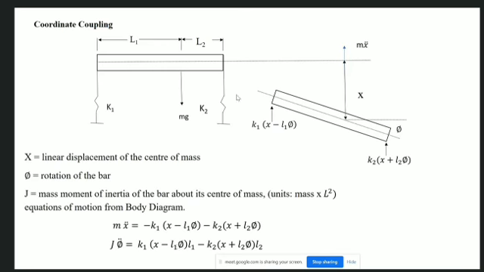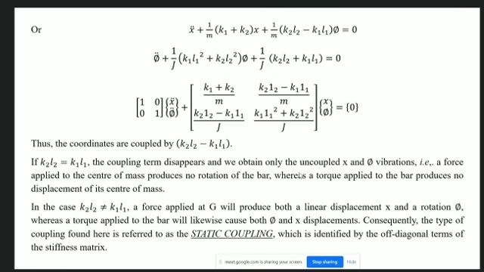Then we have to think how we can try to solve it. If we rearrange it, if we want x double dot to have coefficient 1, we have to divide by m on both sides. Similarly, for the second equation, if we want phi double dot to have coefficient one, the second equation comes like this. That means our objective is to have a mass matrix as a unit matrix.